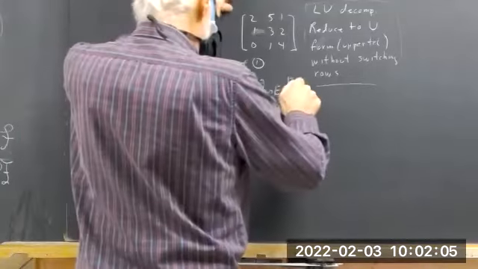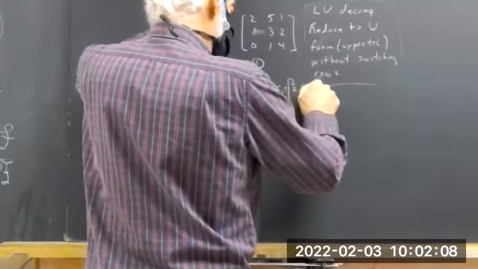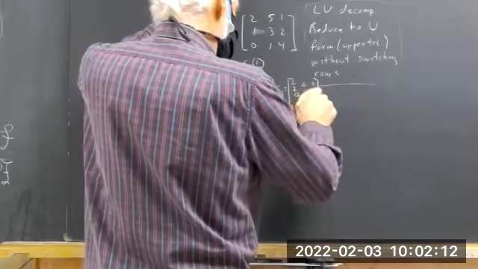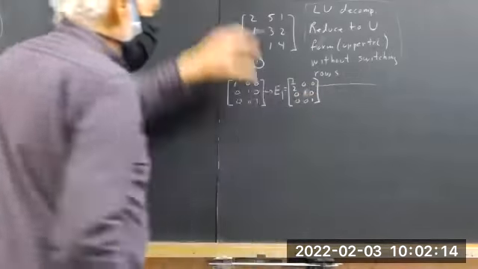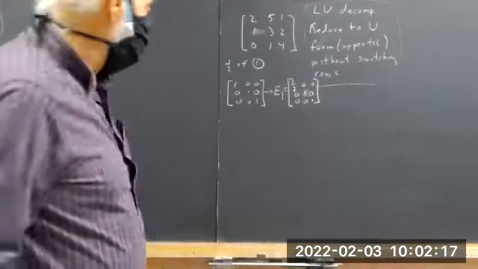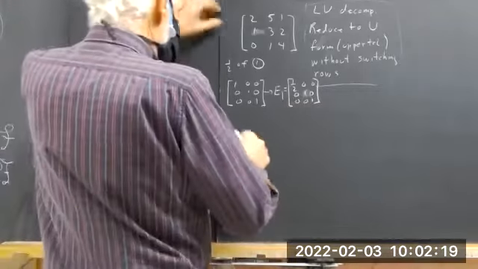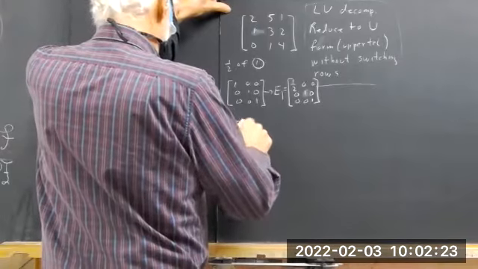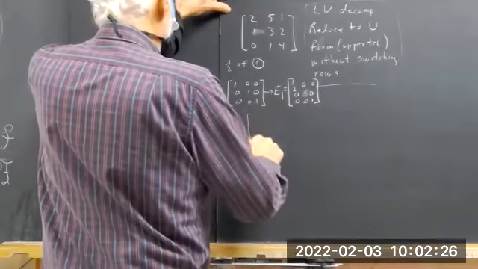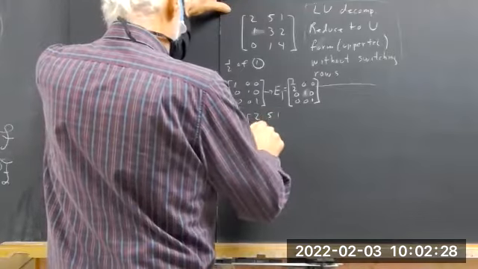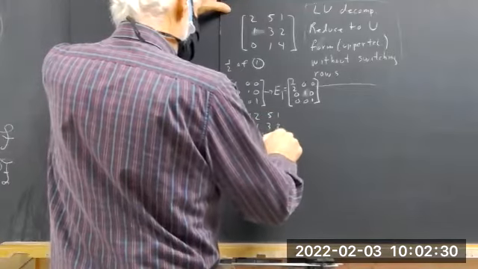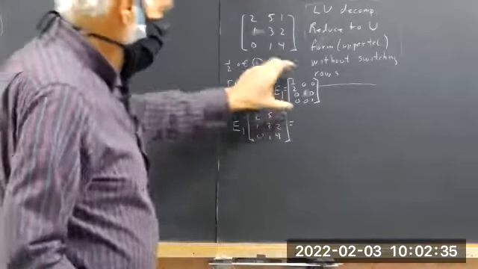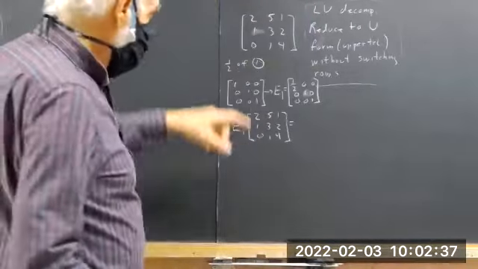Let's take it a little further, okay? So there's our first elementary matrix. If I multiply, yes, and I'm not going to write it all out. You can multiply matrices probably better than I can.